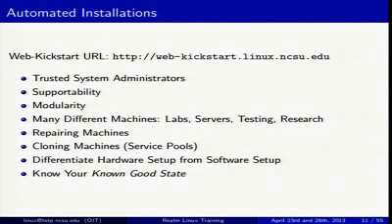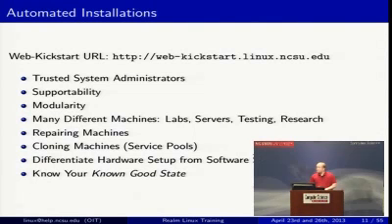So moving on into Web Kickstart. Web Kickstart is designed to help us with the Trusted Systems Administrator concept. In order to install a machine, you need to place a config file in AFS that Web Kickstart can use. Only system administrators can put those files there, so when that machine is installed, we can infer very directly that a Trusted Systems Administrator has configured and installed that machine.